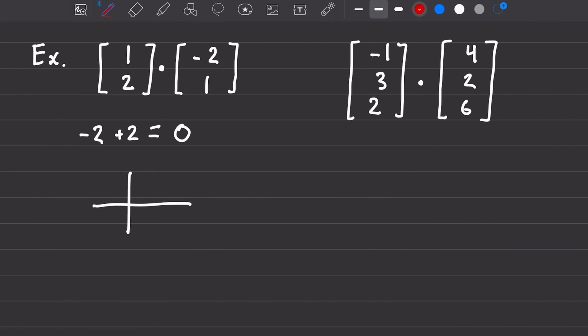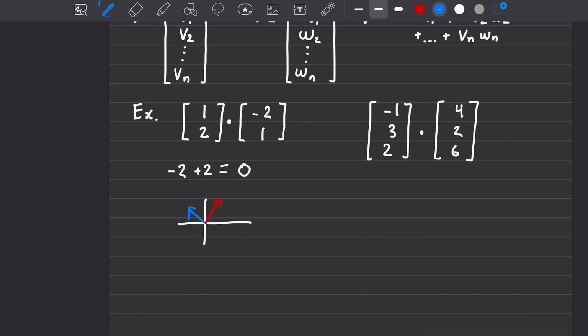So we have one vector that is 1 and then 2, so maybe something like that. And then we have -2, 1, which you could think is maybe something like that. So hope that makes sense why those two are perpendicular. Awesome.